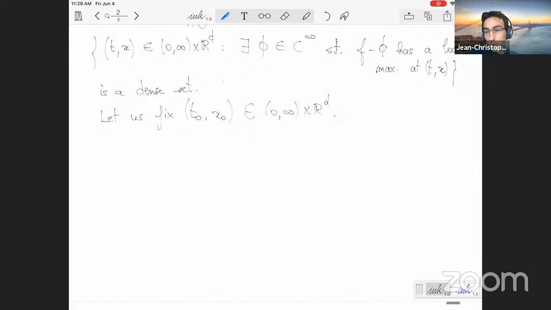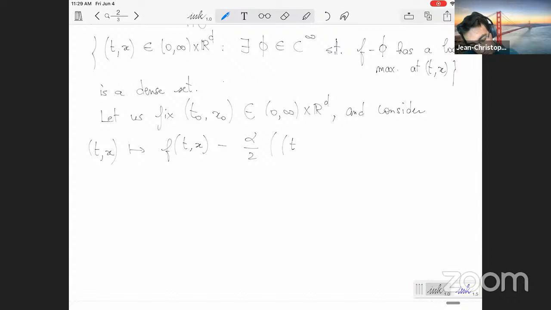Okay, and I want to find contact points which are arbitrarily close to this point. Consider my usual quadratic functions.